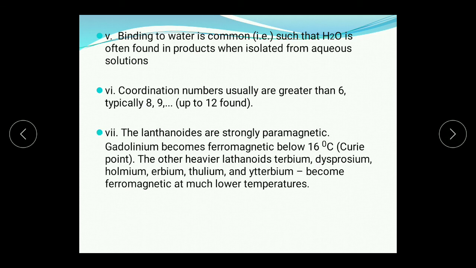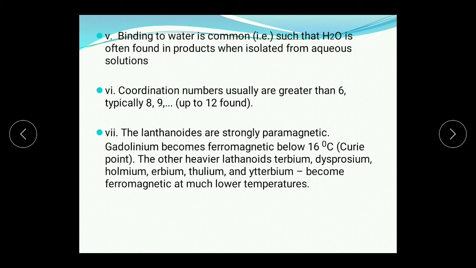The lanthanoids are strongly paramagnetic. Now you know very well what paramagnetism is; we learned it while studying transition elements. What is the reason? Again, it comes from the electronic configuration.